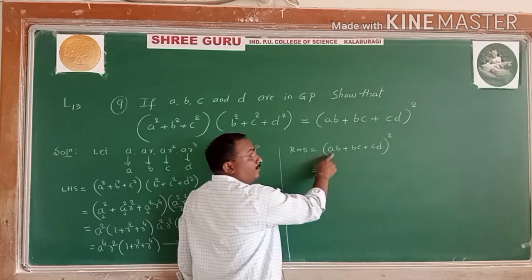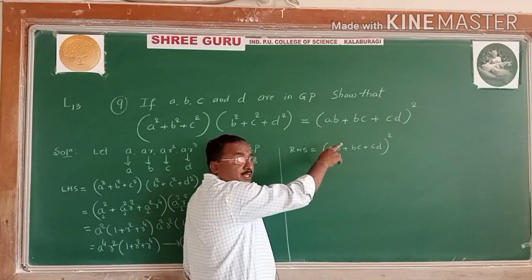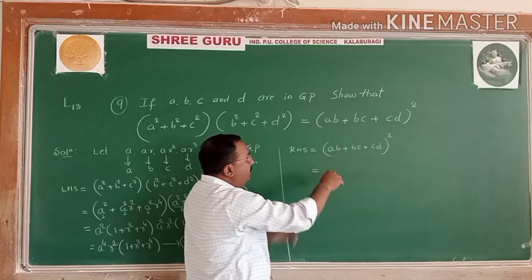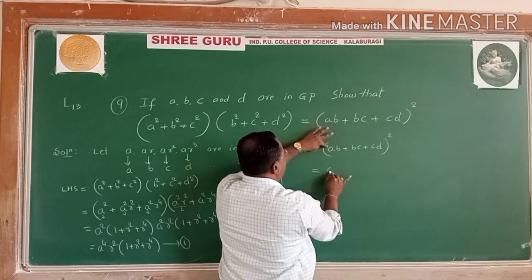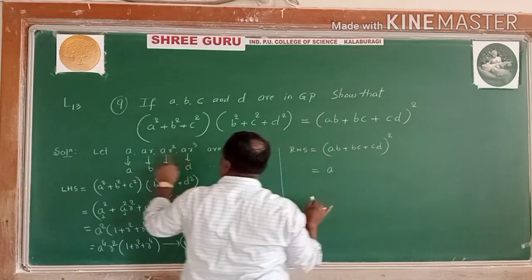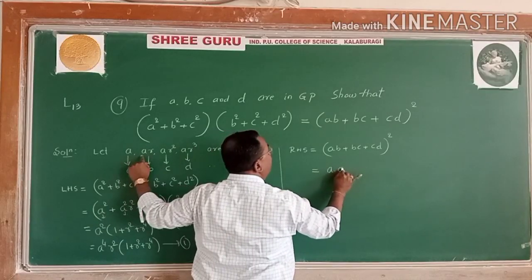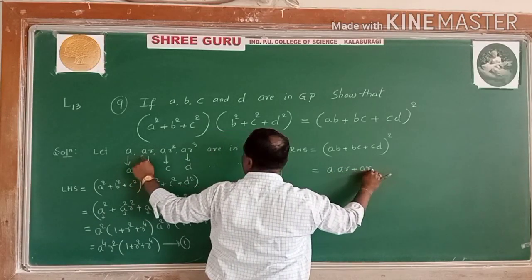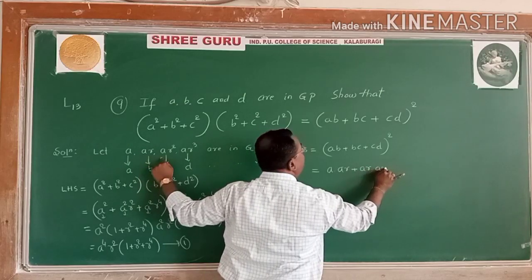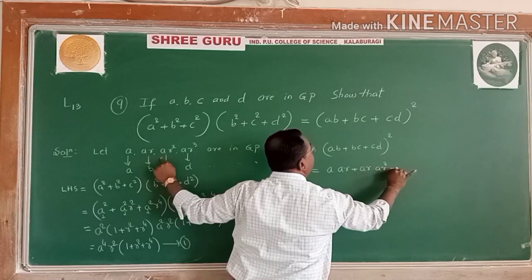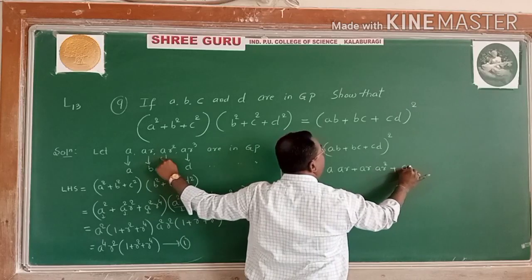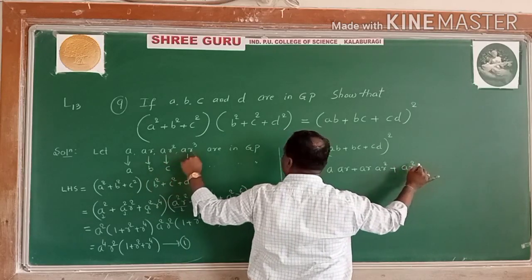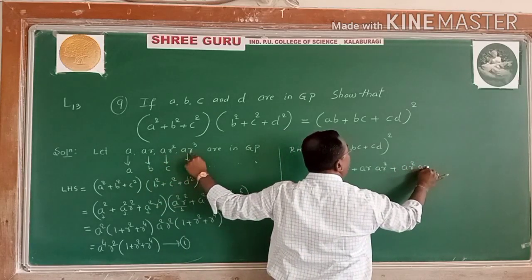Since a, b, c, d are in the form of GP, a is a, b is a into r, c is a into r square, d is a into r cube.